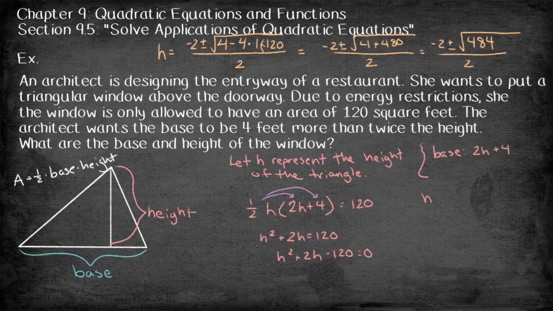And we would get that h is equal to -2 plus or minus the square root of 484, which is 22, over 2. Now, there's two values for h that we're getting, but one of them doesn't make any sense because one of them is going to be negative. So we really just want the positive value.